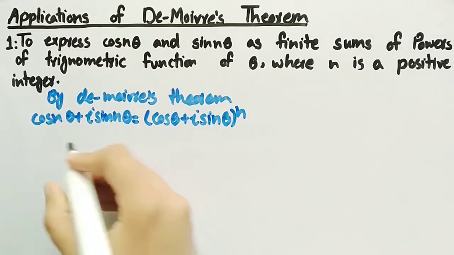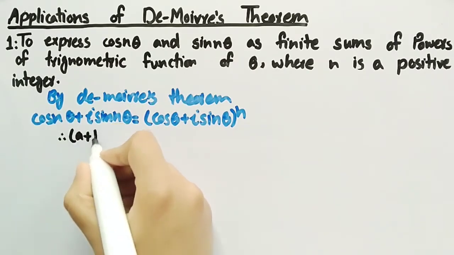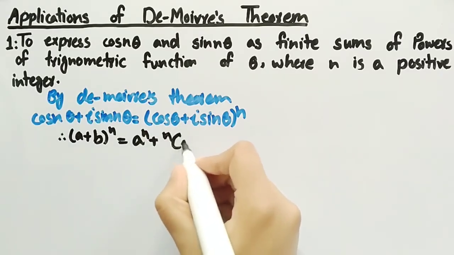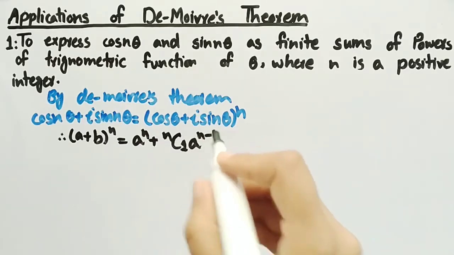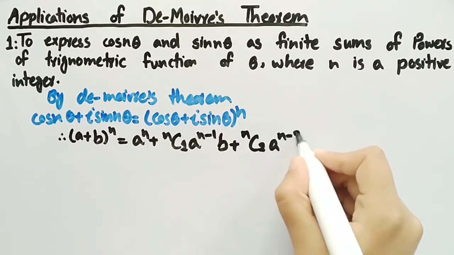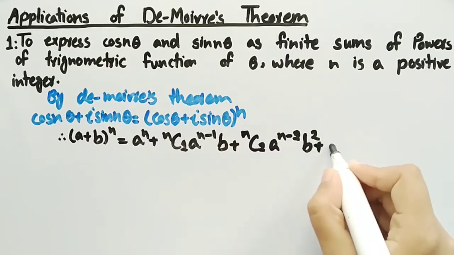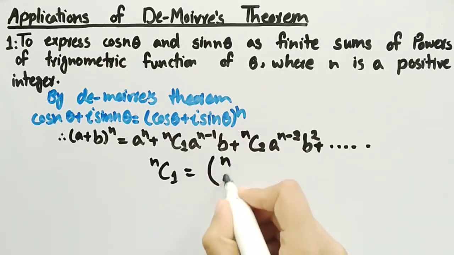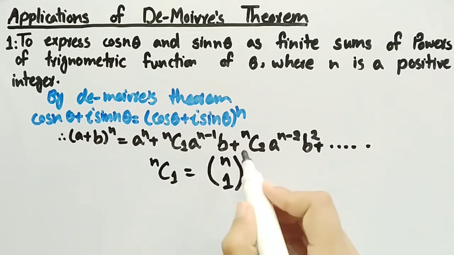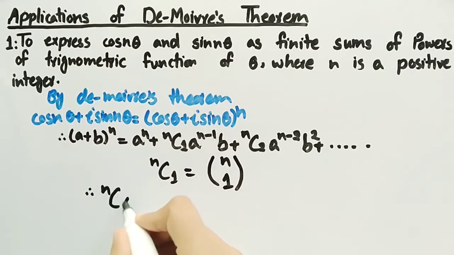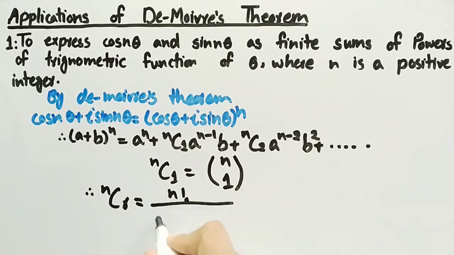The formula for the binomial theorem is (a + b)^n = a^n + nC1 a^(n-1) b + nC2 a^(n-2) b² + and so on, where nC1 can also be written as n choose 1, and the same is the case for all other terms written in the form of nCr, and nCr is equal to n factorial divided by (n - r) factorial and r factorial.